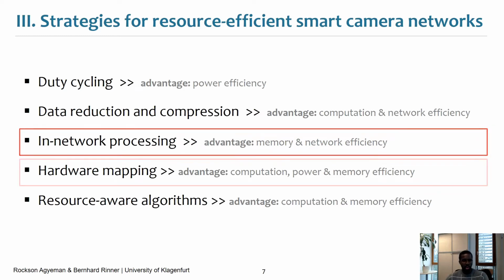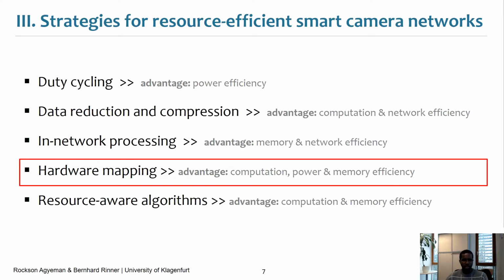Let's now consider hardware mapping. Hardware mapping is the development of application-specific hardware components for efficiently mapping software functions to dedicated hardware. Examples of such hardware platforms include application-specific integrated circuits, FPGA, that is field programmable gate arrays, and graphical processing units, commonly referred to as GPU.